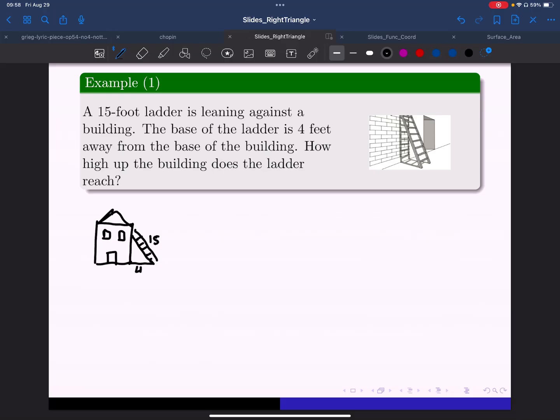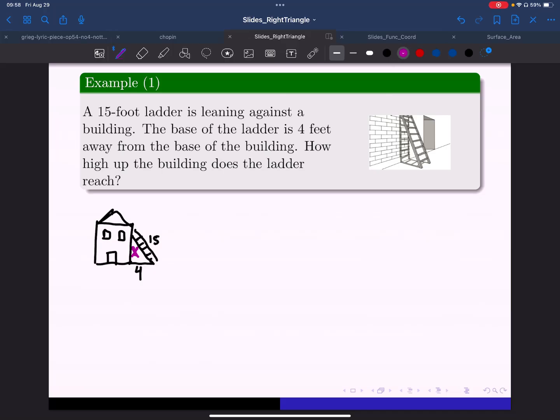So here is 4 feet away, and we are asking how high it goes. We are asking for this side right here, so let's call that side X. Here is the right angle. Opposite the right angle is my hypotenuse, which is 15 feet.